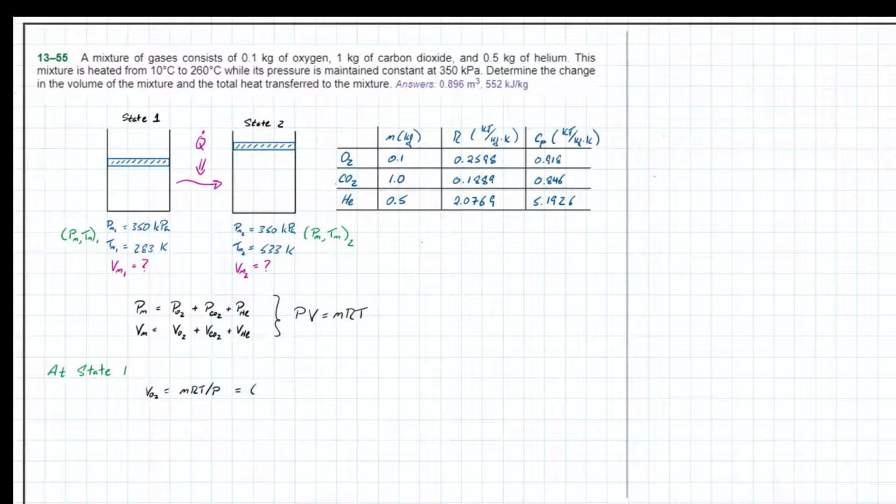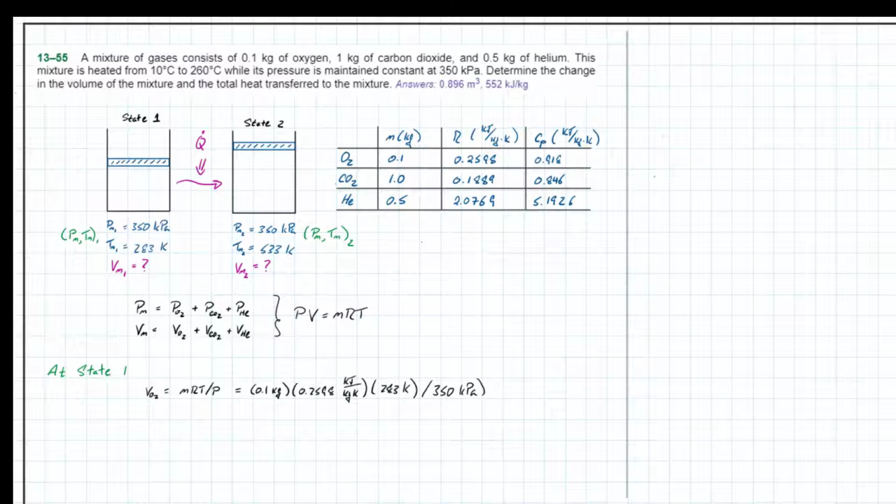So we have 0.1 kilograms of oxygen. Its gas constant is 0.2598 kilojoules per kilogram Kelvin. We'll multiply that by its temperature at state 1, which is 283 Kelvin, and we will divide all of this by the initial pressure of 350 kilopascals.